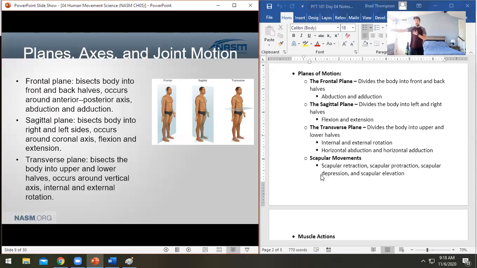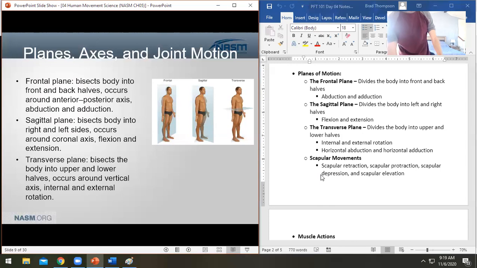And so I'm moving along it like this. So those are our primary categories: flexion, extension, abduction, adduction, internal rotation, external rotation, horizontal adduction, horizontal abduction. And those are our main ones.